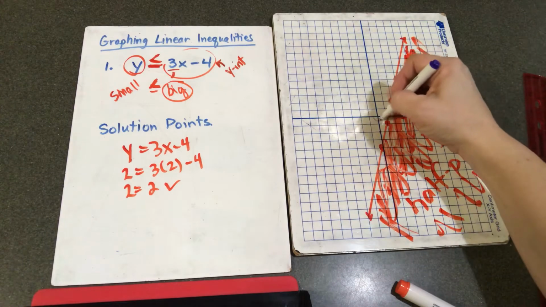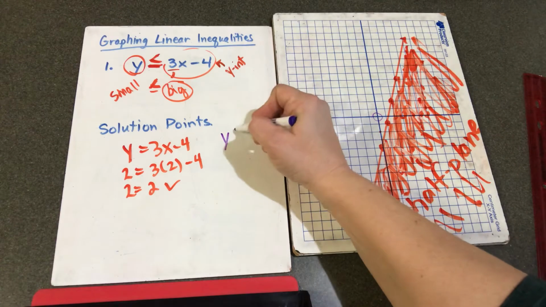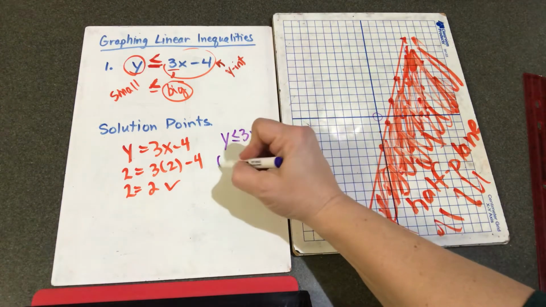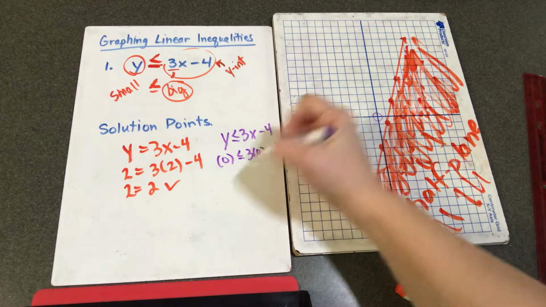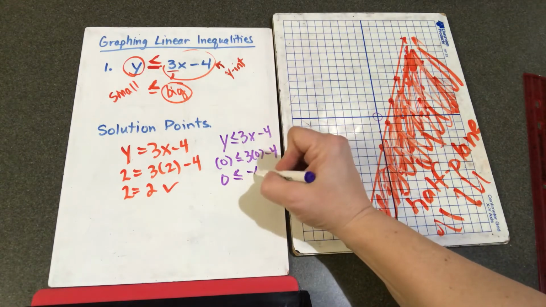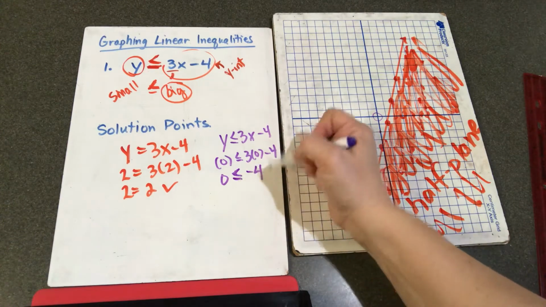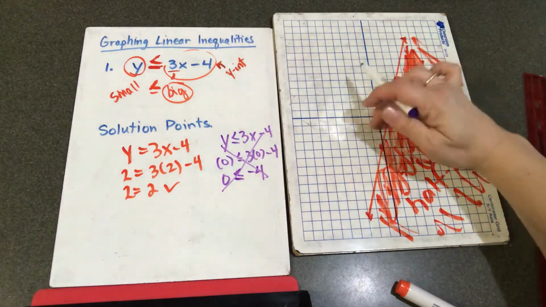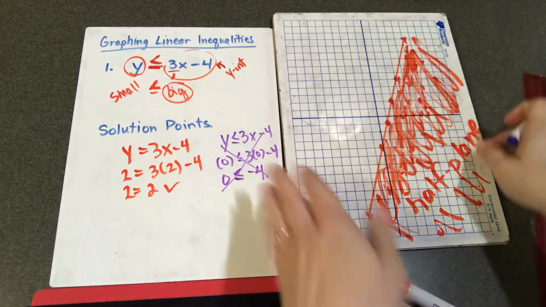So if we took this point right here, the origin, and we put 0 in for y and 0 in for x, we would find out that it is not true. 0 is not less than negative 4 the last time I checked. So that means that this point is not a solution. Okay? Which is good because that's not what we shaded.